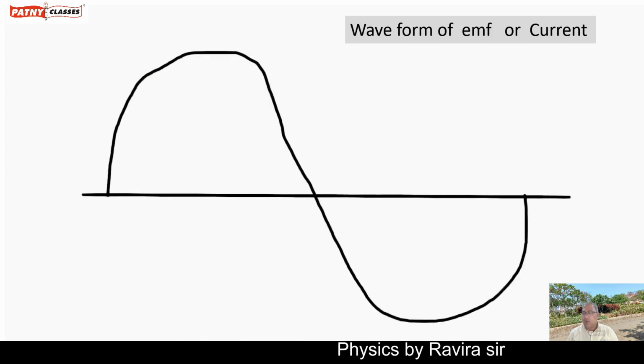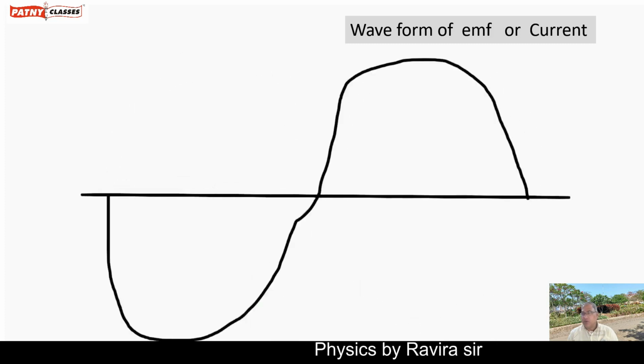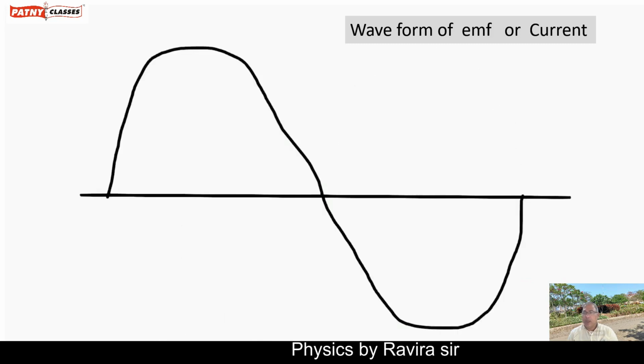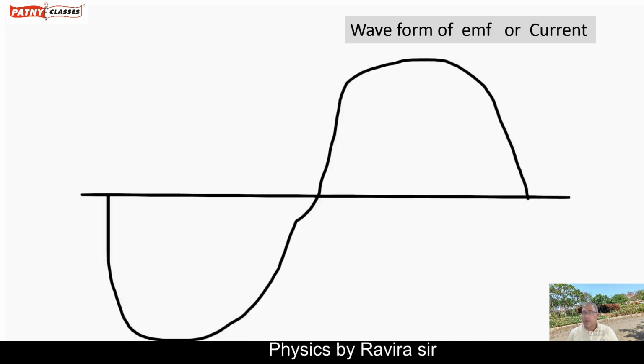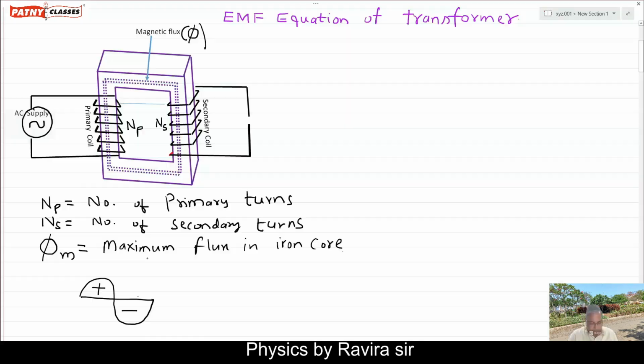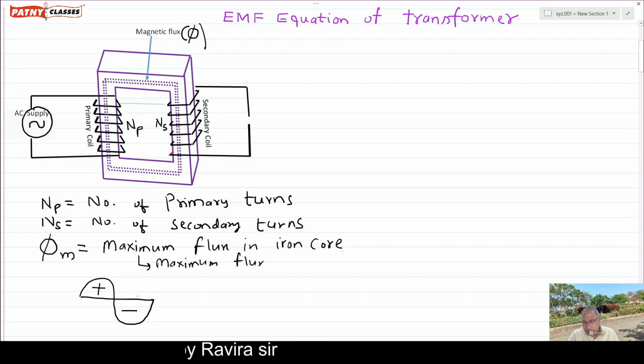It is called a sinusoidal waveform, and it has a positive half cycle and a negative half cycle. Phi m is the maximum flux in the iron core, and that is also equal to the maximum flux linking with either the primary or secondary winding.